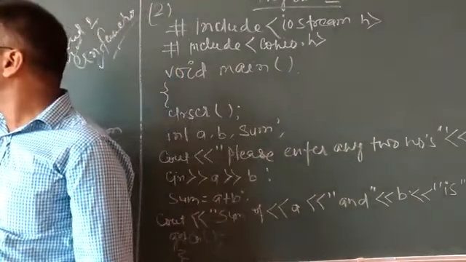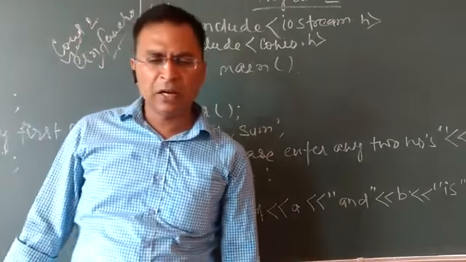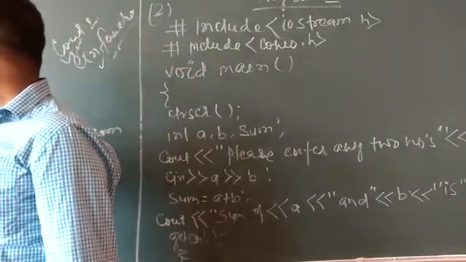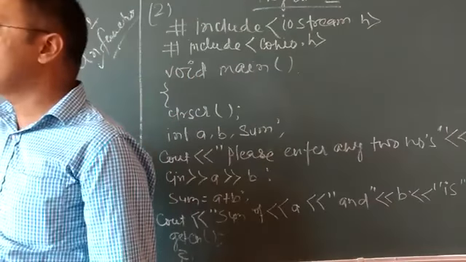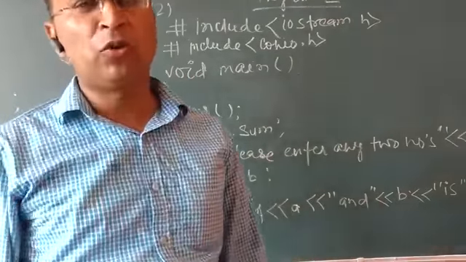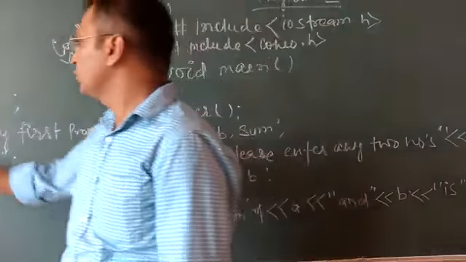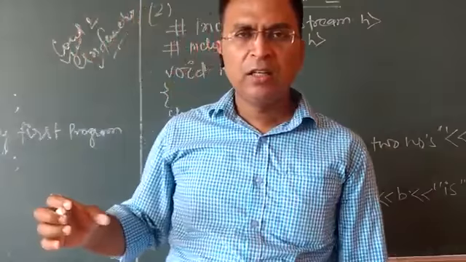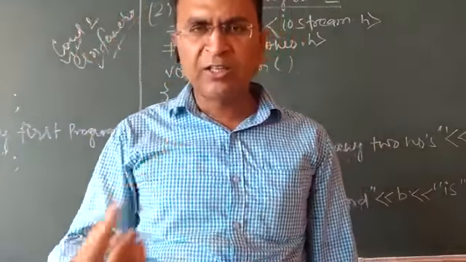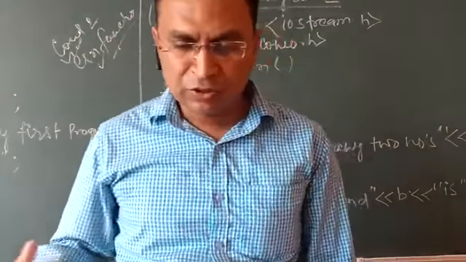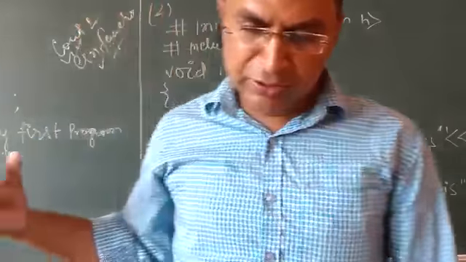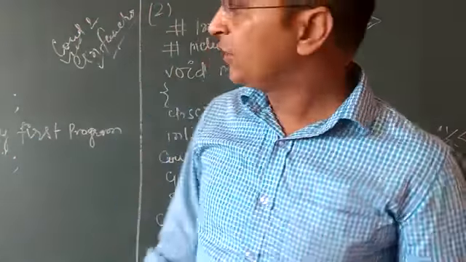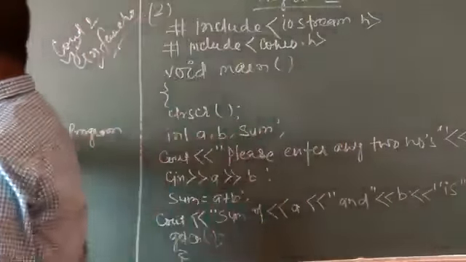Here we have given one opening parenthesis, and now cout is a function which will give the output on the monitor. This is the extraction operator. We are getting something, and that is why this is known as the extraction operator.